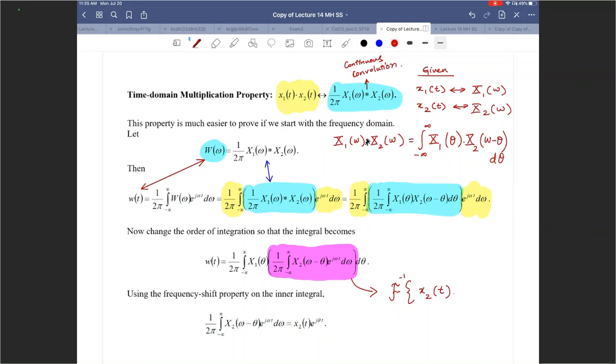So I should also multiply that with e to the j theta t. So using the frequency shift property of the entire integral, we can write this 1 divided by 2 pi, the one that is highlighted here, right, as x2 of t e to the j theta t. Which is what we wrote over here.